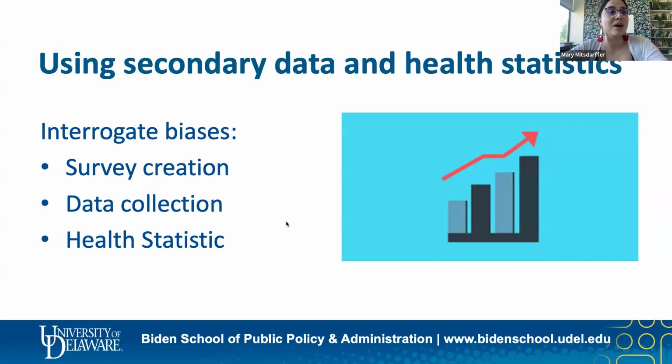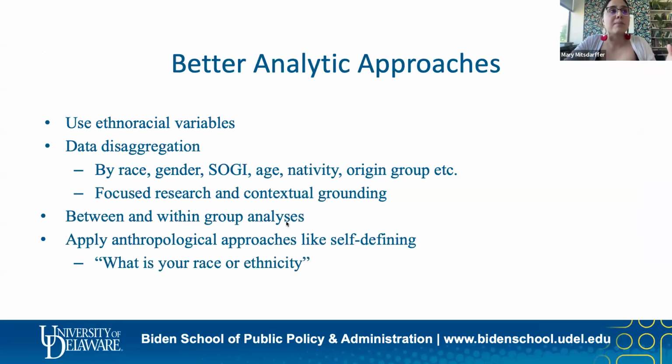I showed that example of infant mortality rates and how we see that Latino women and white women have almost 1-to-1 infant mortality rates with births. But then when we start disaggregating the data or taking the data out by origin group, we see actual health disparities emerge. So we need to interrogate what we're actually looking at and who our population of interest is.